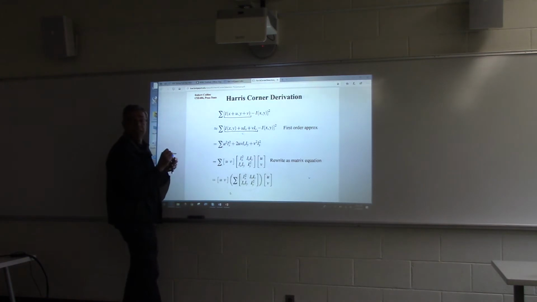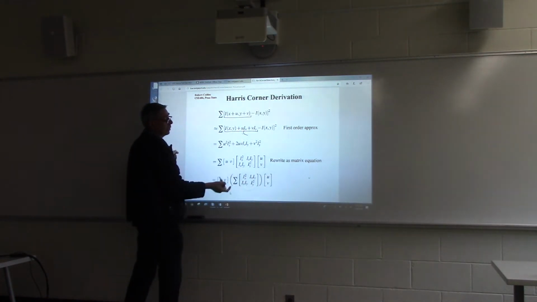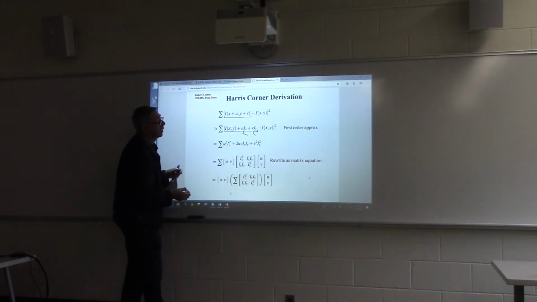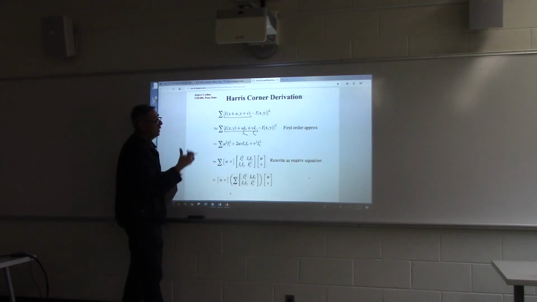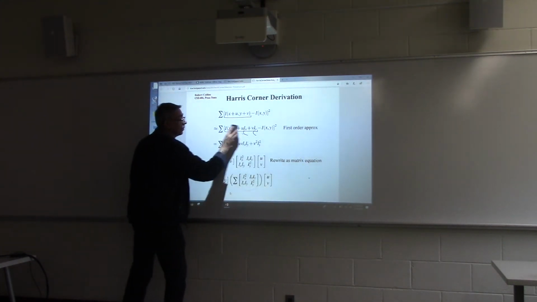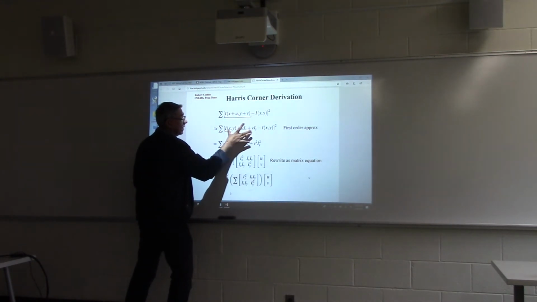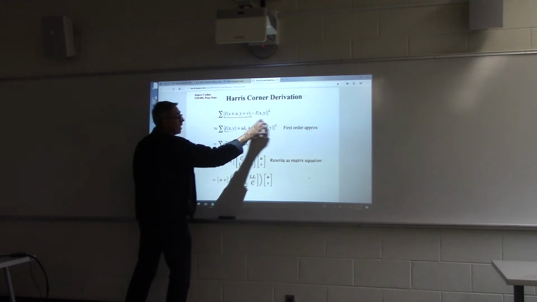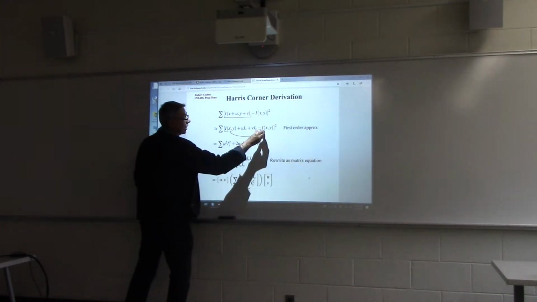Everybody agrees? So think of Ix over here as the derivative with respect to x, and Iy the derivative with respect to y. U and v are like the shift in x and shift in y, like delta x, delta y. Once we expand this in Taylor series, does this get canceled out?